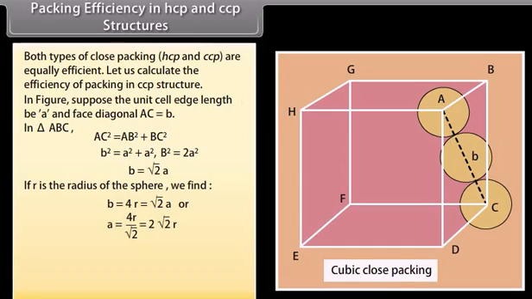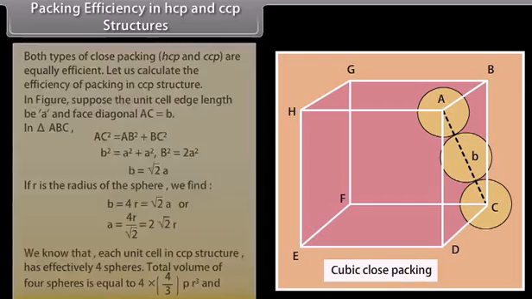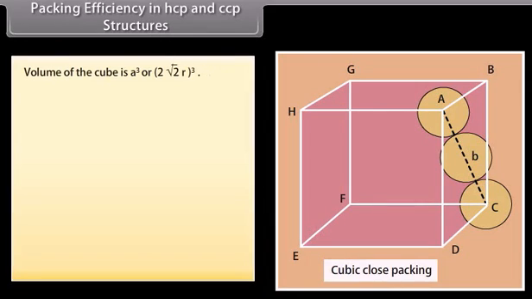We know that each unit cell in CCP structure has effectively 4 spheres. Total volume of the 4 spheres is equal to 4 into 4/3 pi r cube, and the volume of the cube is a cube or (2 square root 2 r) cube.